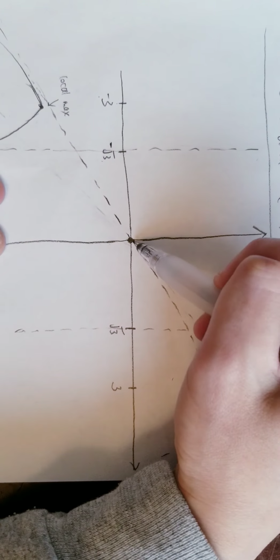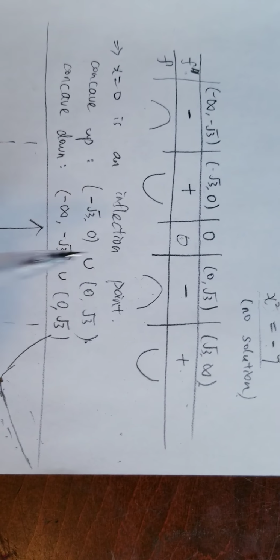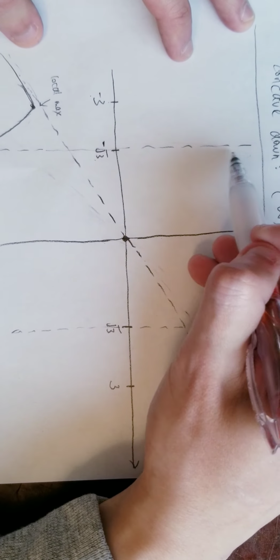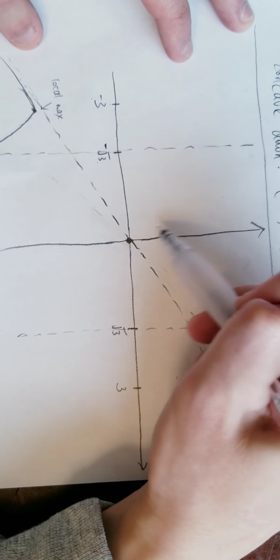This is where you need concave up and down. From negative root 3 to 0, it's concave up, so it has to be this. Let me say this again. I know that this is decreasing, so it's either like this or this: a U-shape opening upward or a U-shape opening downward.